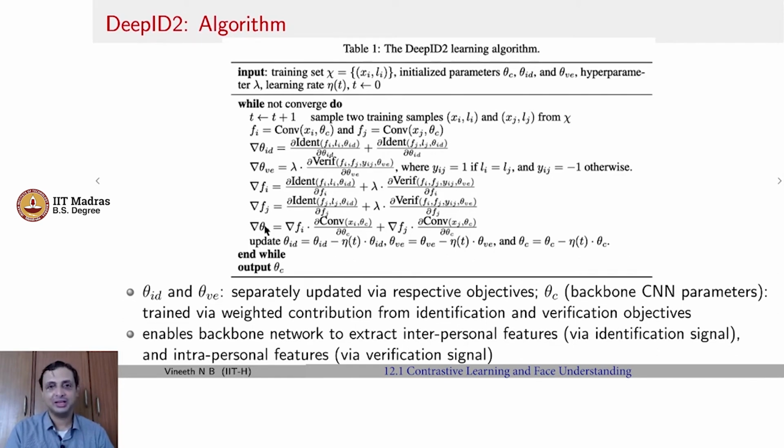The final gradient for the entire CNN's parameters is given by ∂L/∂Fi times ∂CNN(Xi)/∂θC plus ∂L/∂Fj times ∂CNN(Xj)/∂θC.